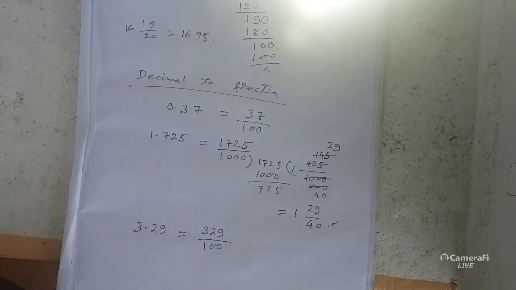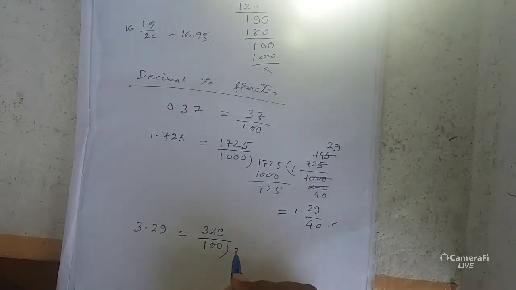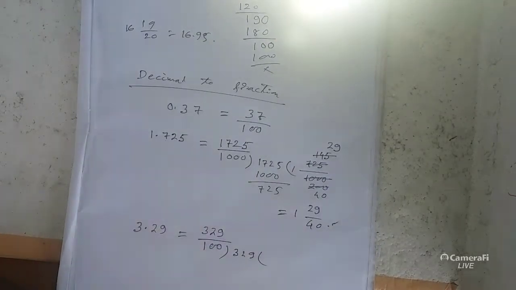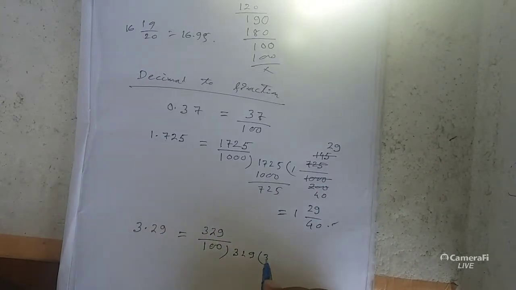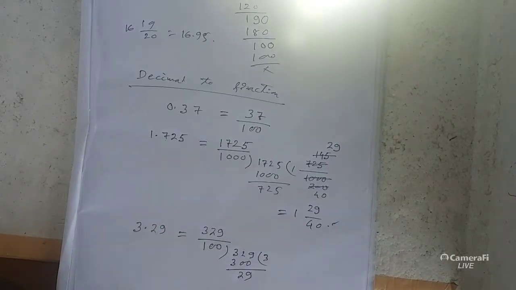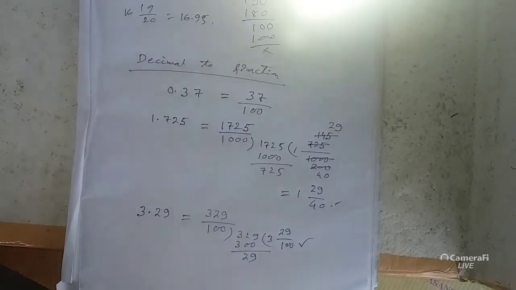We can convert it into a mixed fraction. 100 threes are 300, 29 is the remainder. So in fraction it becomes 3 whole 29 by 100, and this is the simplified form. This is the complete answer.